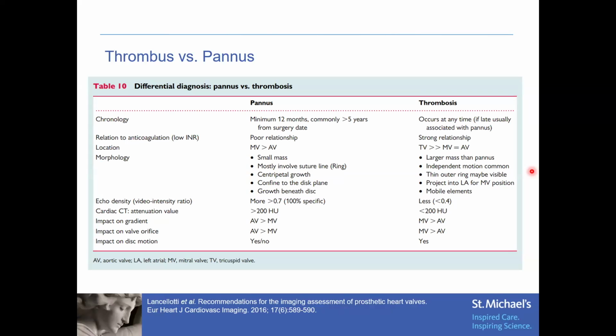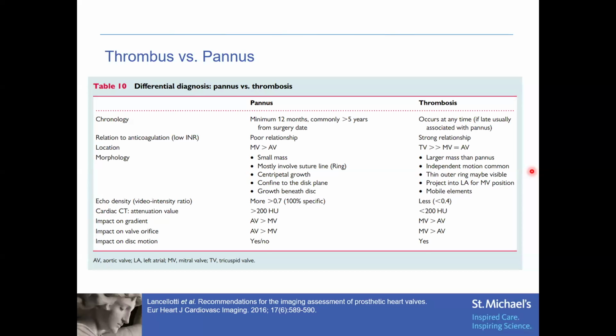There's a really nice table in the ESC guideline about this, how to distinguish pannus from thrombus. So in general, pannus tends to form after about 1 year's time, and commonly several years after it's been implanted, whereas thrombus can form at any point in the patient's course. Having a look at the patient's INR is helpful, obviously, for thrombus.